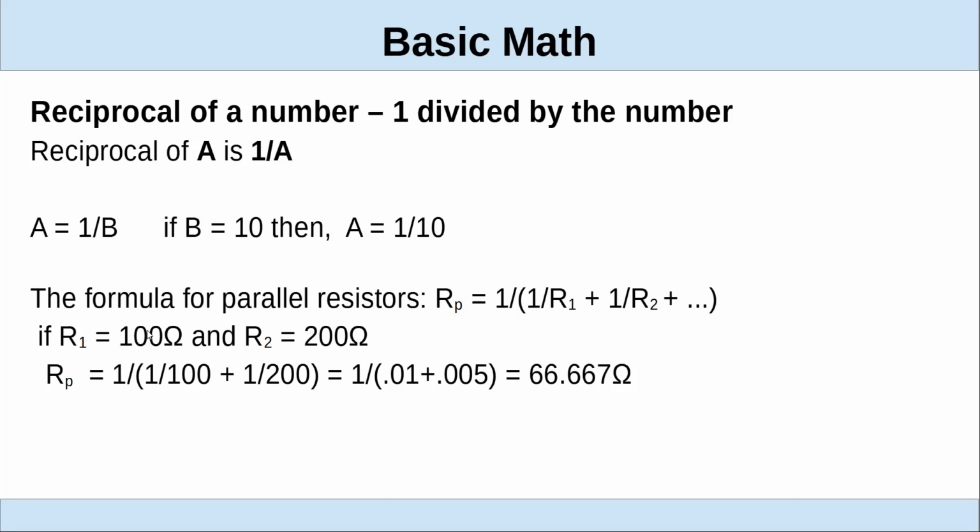So in this example, if I add 100 ohms to 200 ohms, I've got 1 over 100 plus 1 over 200, and converting these to decimals, so it becomes 1 over 0.015, and if you do that on your calculator, you'll get 66.667 ohms. Actually, it's going to be 6666 all the way out.